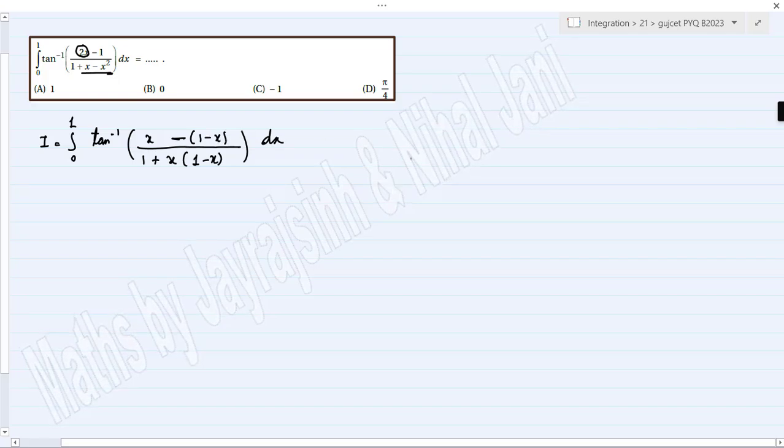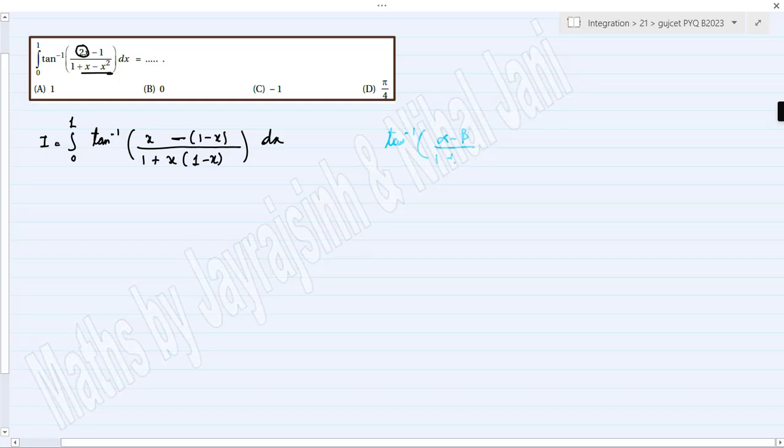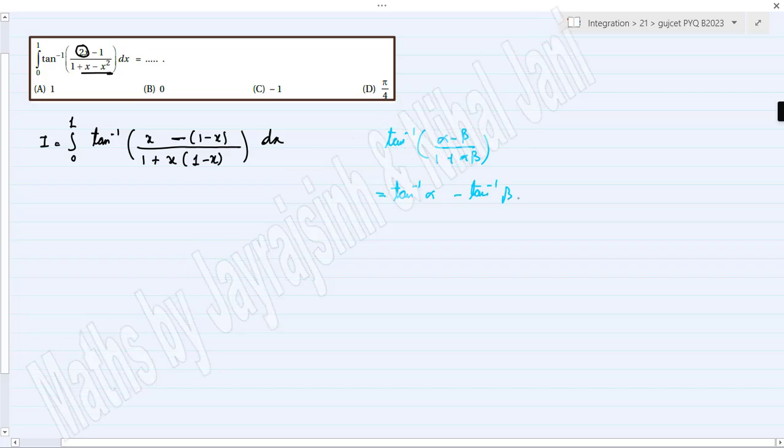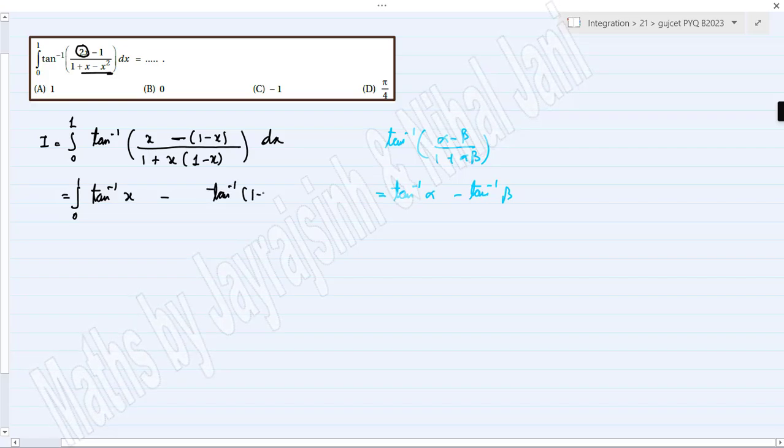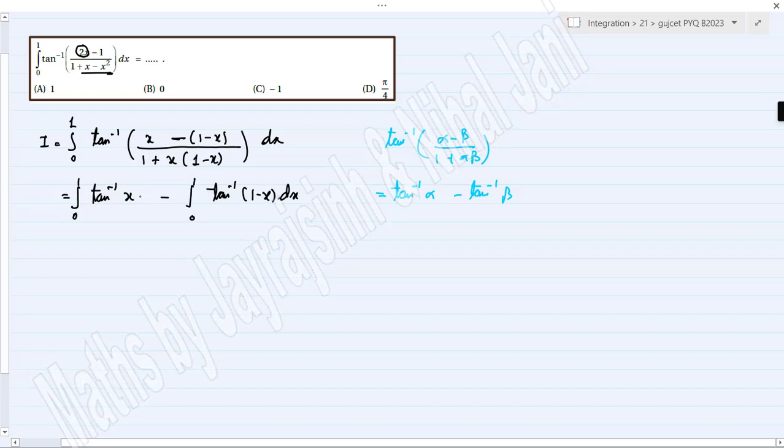Now it is in the form of tan inverse of (alpha minus beta) upon (1 plus alpha beta), which is simplified as tan inverse alpha minus tan inverse beta. So let's simplify. Here we get tan inverse x minus tan inverse (1 minus x), and take individual integration.